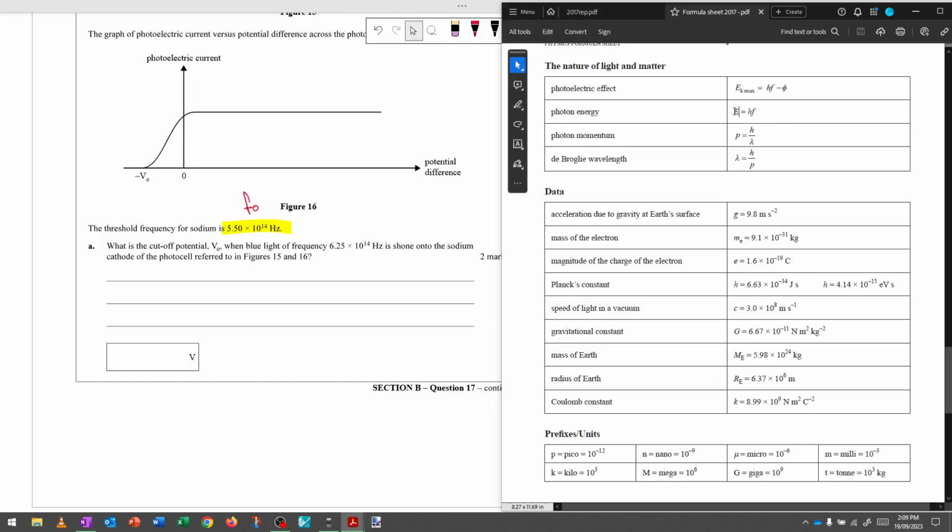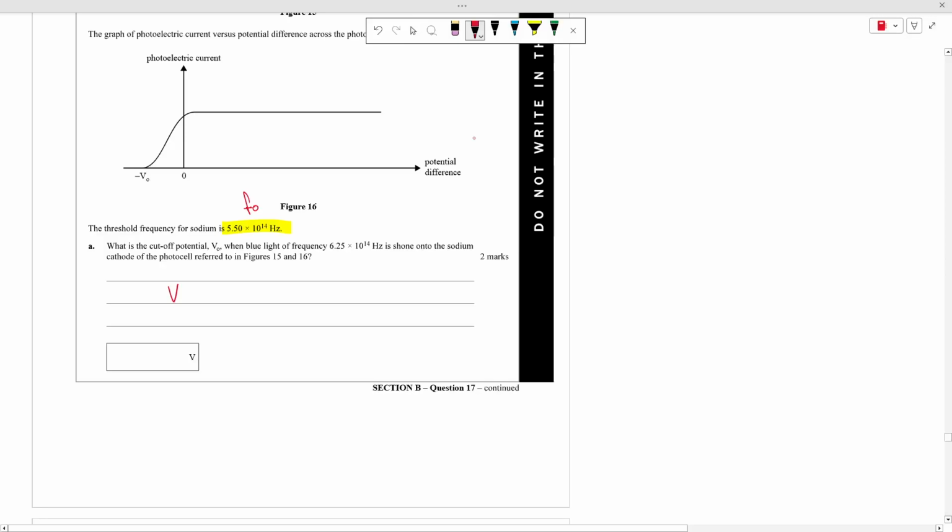So the stopping voltage V0 equals H times F0. We just have to make sure that we're using the eV version, the electron volts version. Whenever you're mixing voltages and frequencies, you have to use electron volts, and the hint is in the name of the unit. Electron volts means we're dealing with voltage.